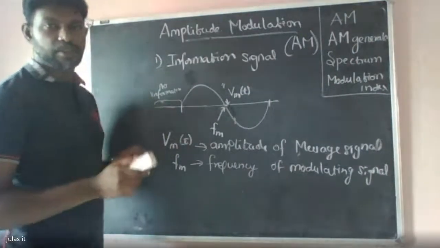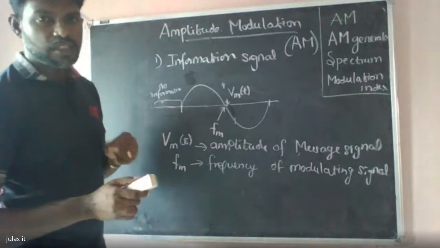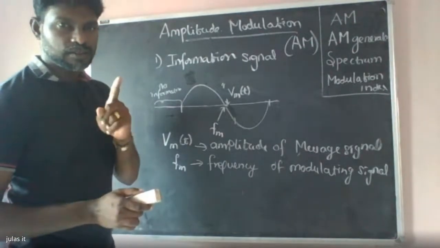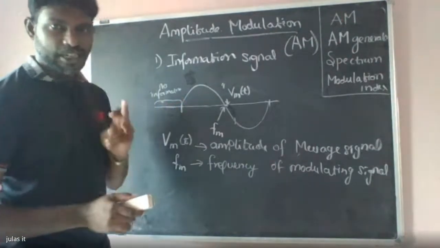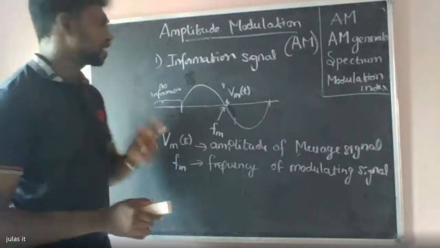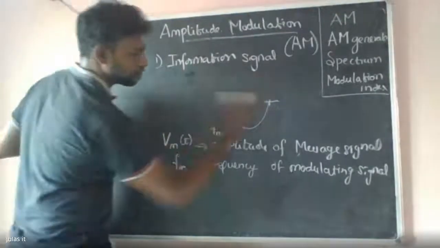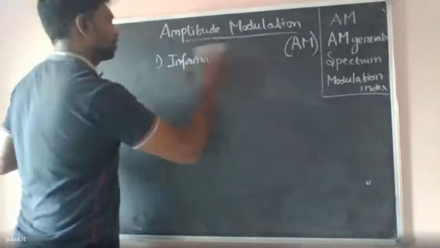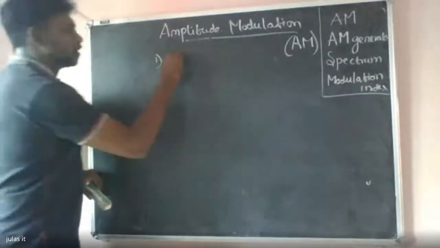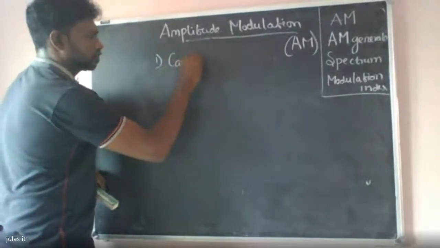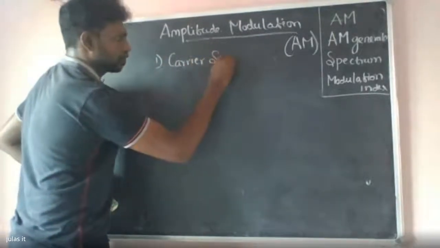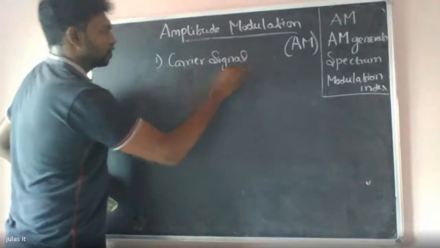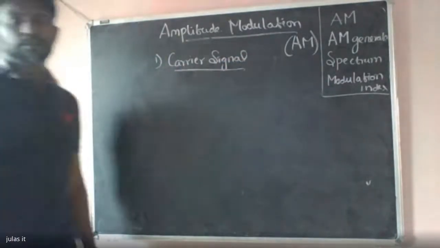What is the second part? For modulation we need two things. One is the information signal, and the second is a carrier signal, right? So now we say carrier signal, right?